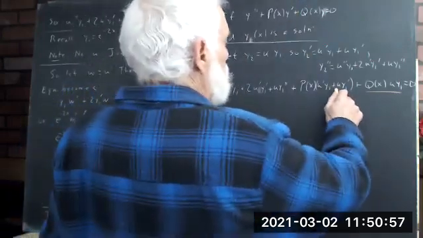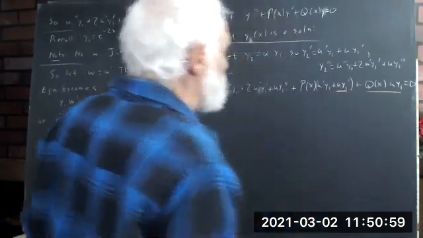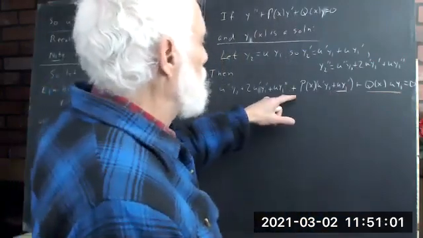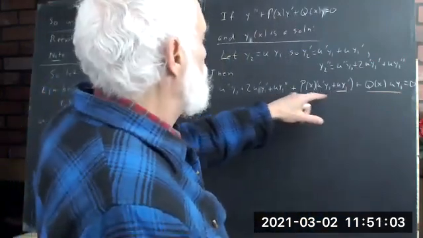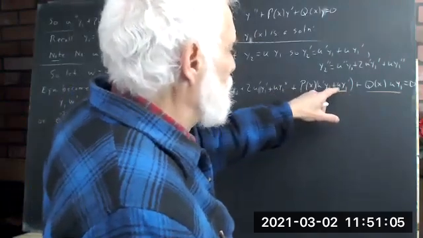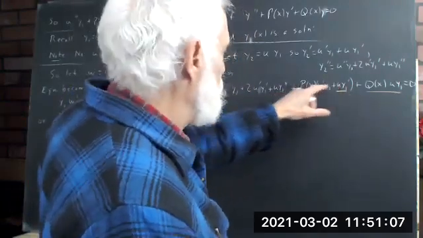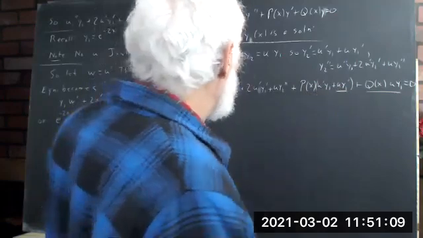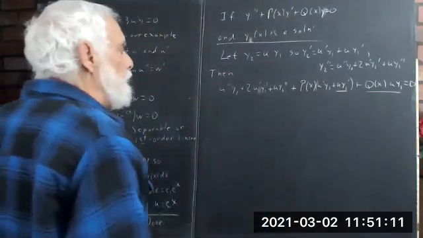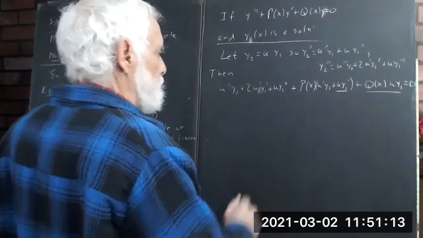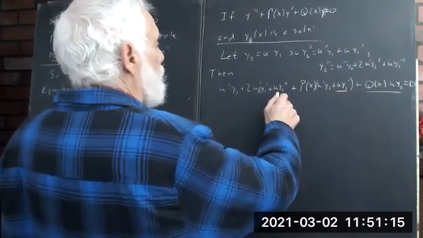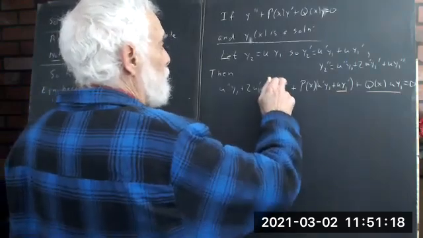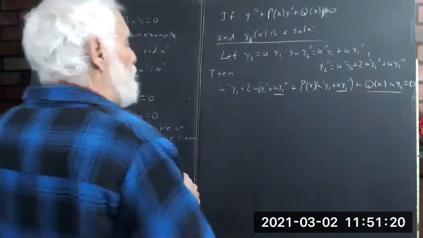This term, multiplied by p of x, if we factor out u, gives p of x y1 prime. And this term, if we factor out u, is going to give us our y1 double prime.